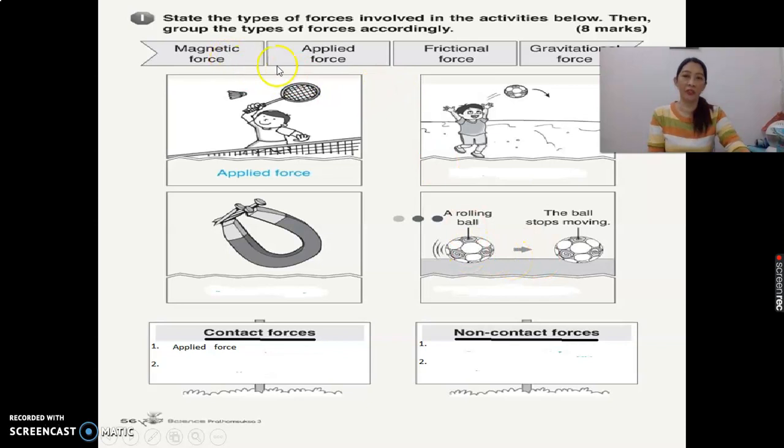Please write here which are contact forces and non-contact forces. Number 1 is already answered: applied force is a contact force. Which is contact forces, and which is non-contact forces: magnetic, frictional force, or gravitational force?